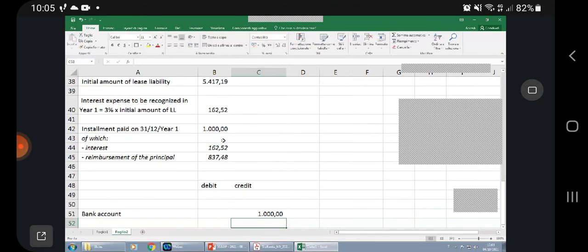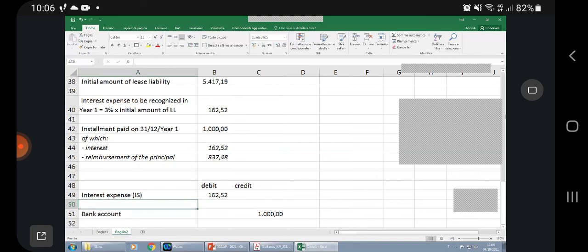Why is the company paying 1,000? Which are the reasons? Interest. Okay. So interest expense. The interest expense is recognized in the income statement. 162.